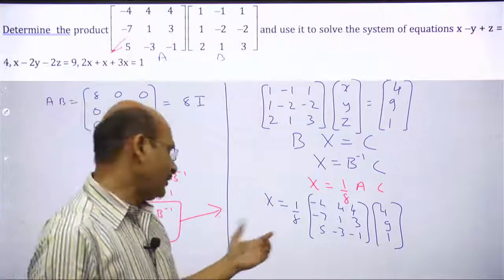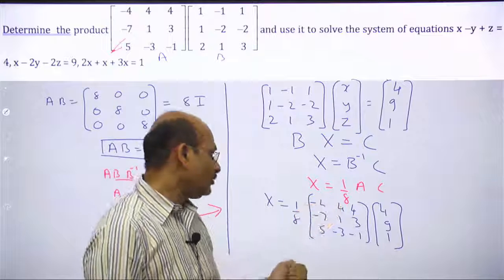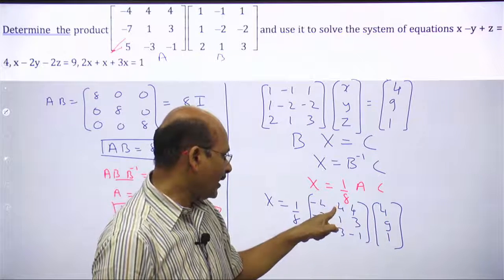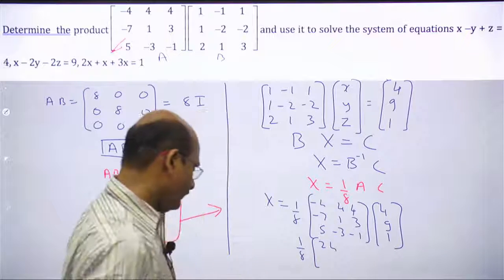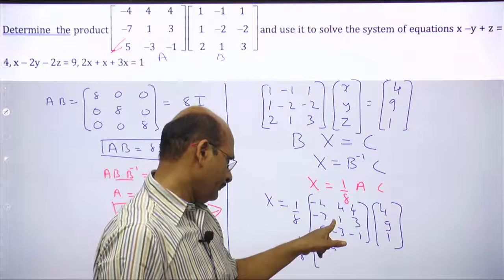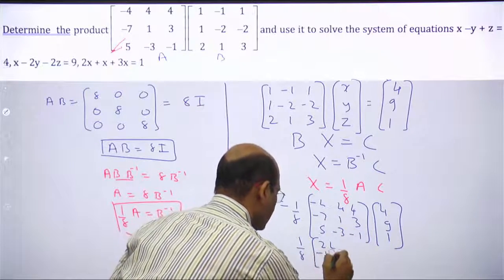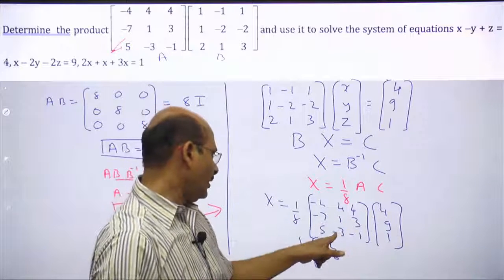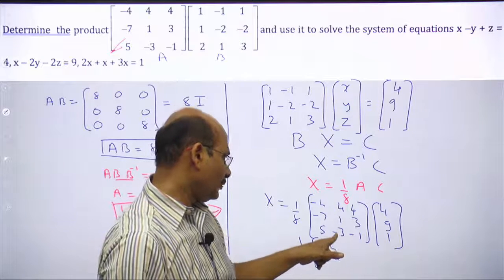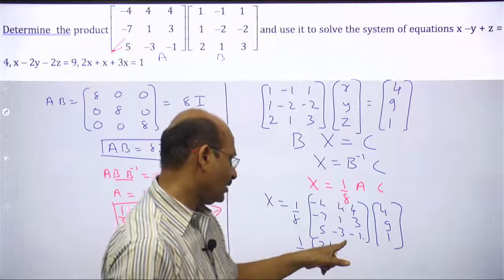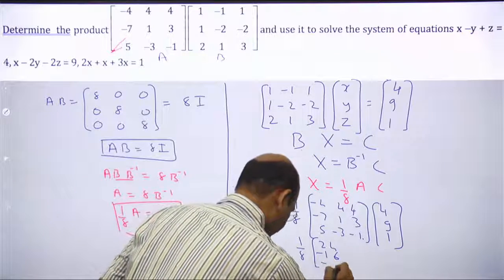Can you tell me now, don't take the 8 inside; first solve this out and then get the value. So minus 16 plus 36 minus 20 is 24 in the first row. Then minus 28 plus 9 plus 3... and the last row 20 minus 27 minus 1, which is minus 8.